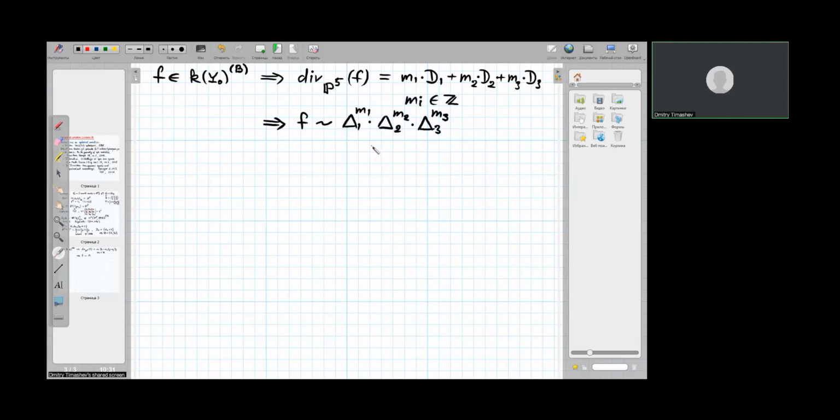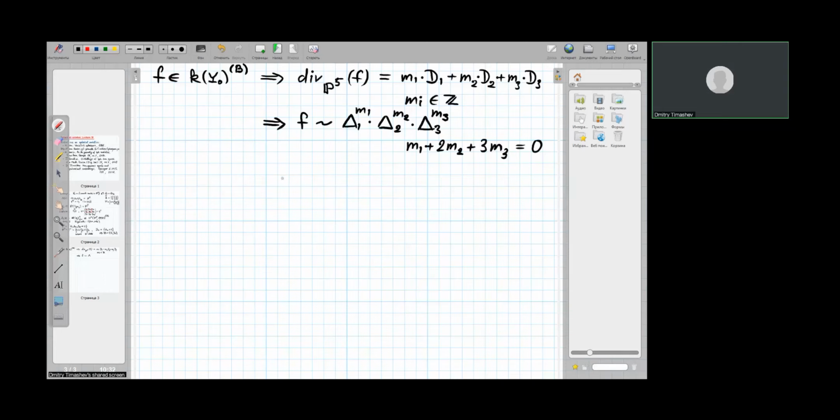But you also have to get a function. This product is just a ratio of sections of line bundles. So in order to have a true rational function, the total degree of this product should be 0. So we have the condition that m1 plus 2m2 plus 3m3 should be 0.